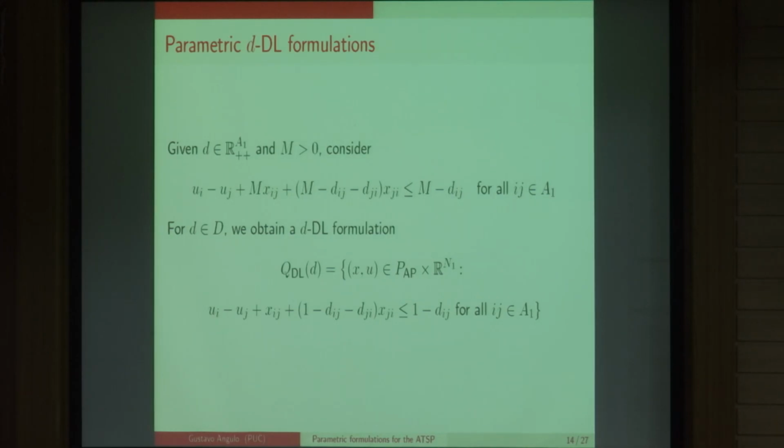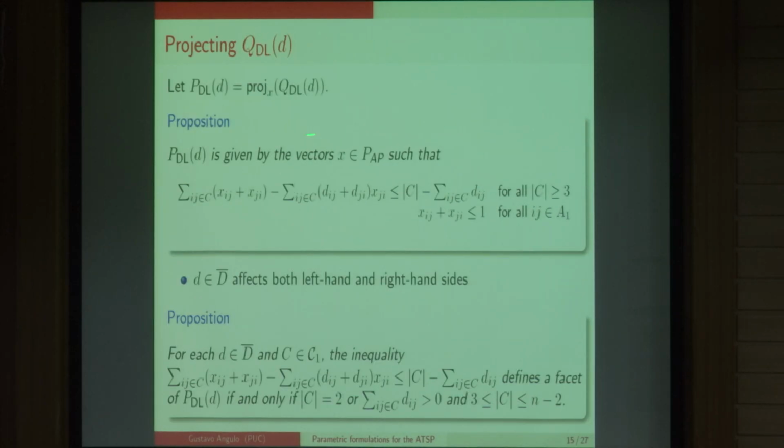Notice here that this time, this formulation is a bit different from the previous one, since d not only appears in the right-hand side, it also appears in the left-hand side, multiplying x. So again, we can project, and naturally, in the projection, d not only appears in the right-hand side, also in the left-hand side. So this is the projection. Notice here that we have a set of constraints that are independent of d.